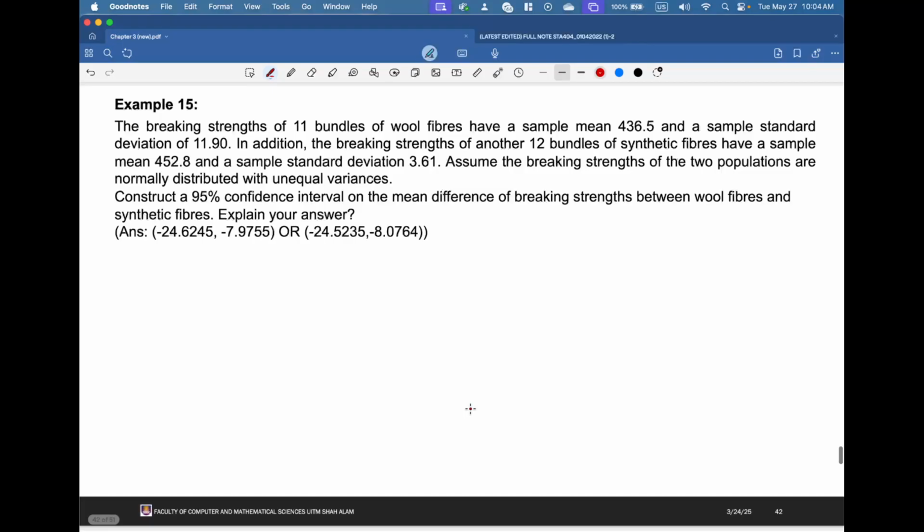Let's take a look at example 15. We read the question. The breaking strength of 11 bundles of wool fiber, so wool fiber is the first group, has a sample mean of 436.5 and a sample standard deviation of 11.9. This sample mean and sample standard deviation came from the sample. How many samples?